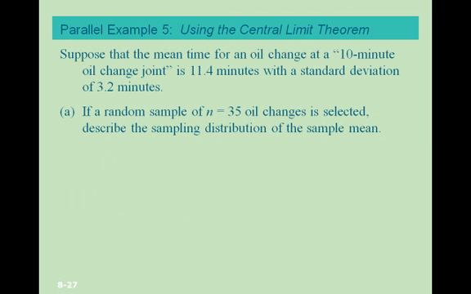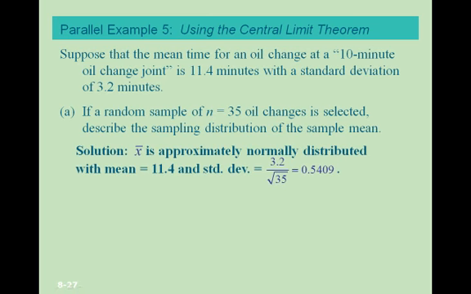So let's use the central limit theorem in this example. Suppose that the mean time for an oil change at a 10-minute oil change joint is 11.4 minutes with a standard deviation of 3.2 minutes. If a random sample of n equal 35 oil changes is selected, describe the sampling distribution of the sample mean.